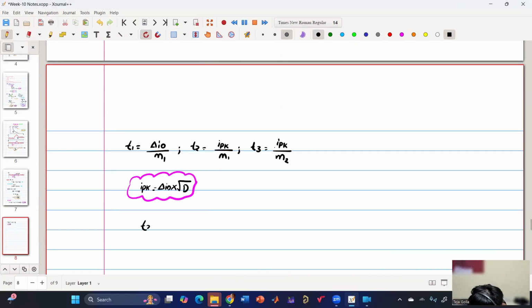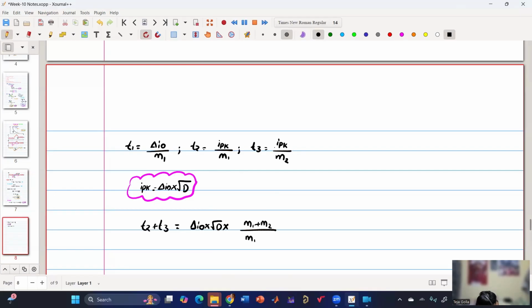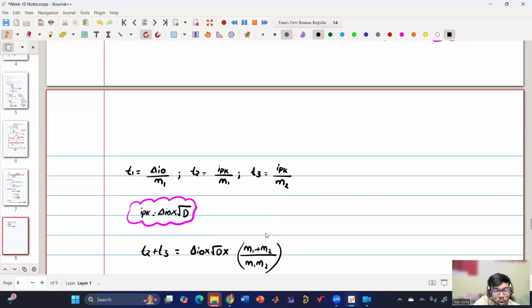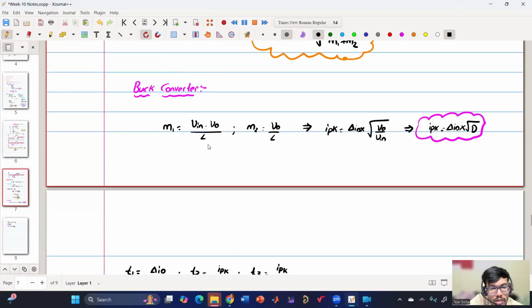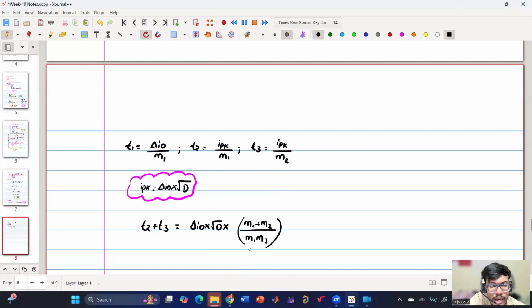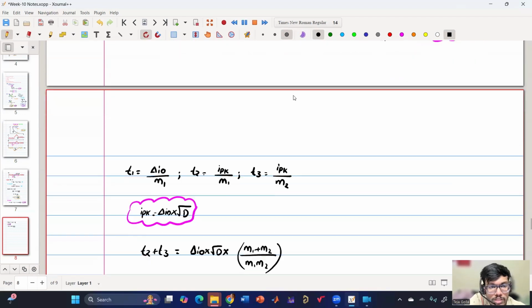So T2 plus T3 is nothing but delta I naught into root D into M1 plus M2 by M1 M2, right? So now what is M1 plus M2? V in by L, right? Yes, sir. And M1 M2 is V in minus V0 into V0 by L square.